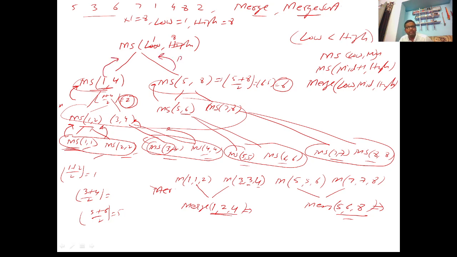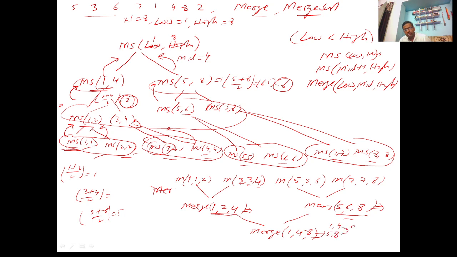At this root level, the value of mid was equal to what? 4. So these two are going to converge with a call to merge with low 1, mid value of 4 and high value of 8. Fine. So a call to this will be made. Two lists are there, one extending from 1 to 4, the other extending from 5 to 8.